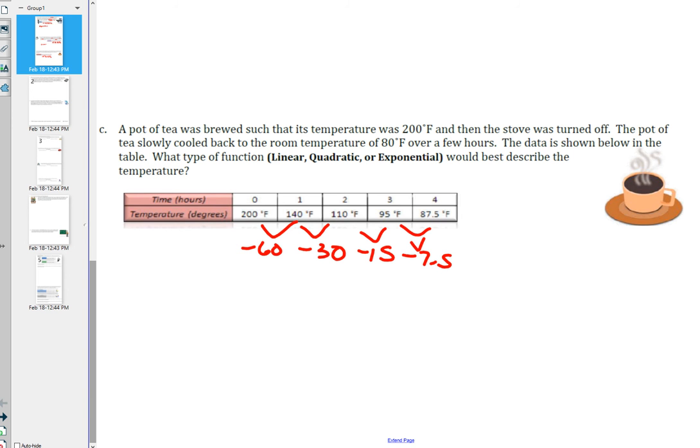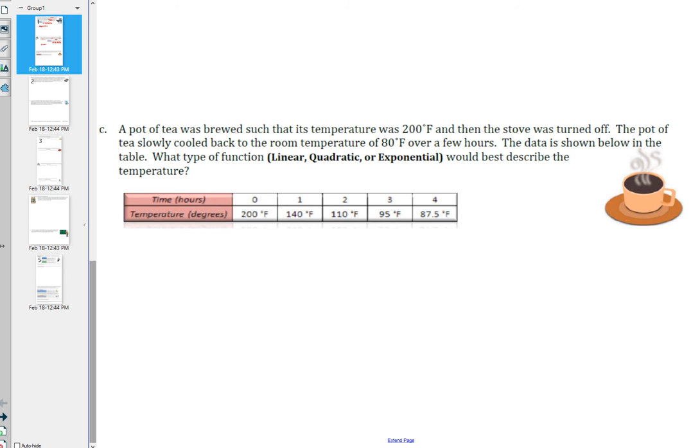But if you want to verify why it's not quadratic, then this is plus 30, plus 15, and plus 15, and then plus 7.5. So it looks like it is going to be exponential. It's going to get cooler faster.